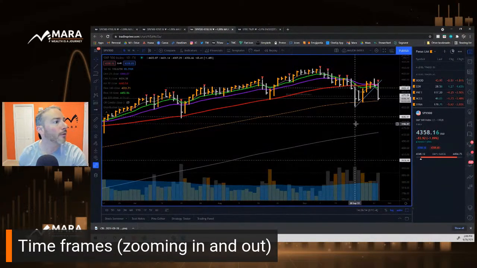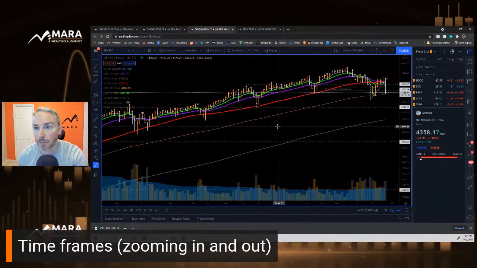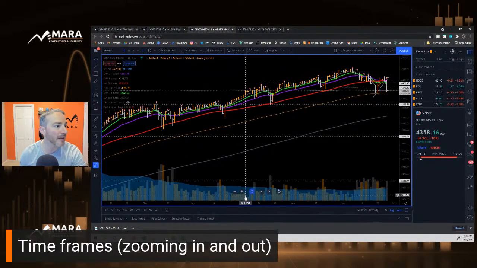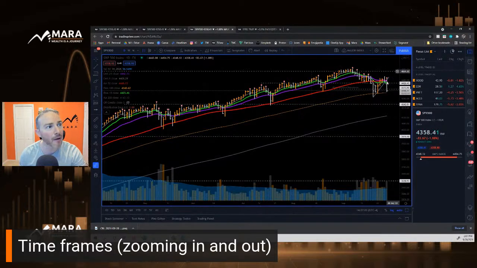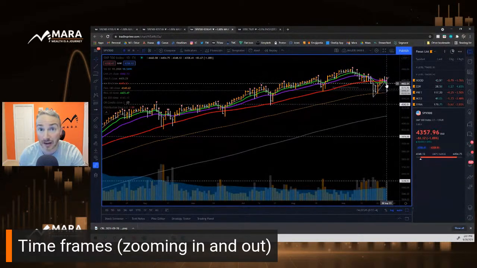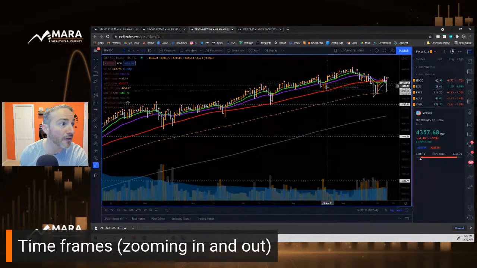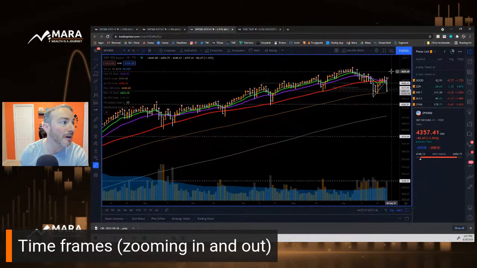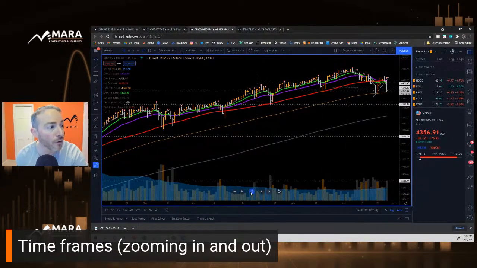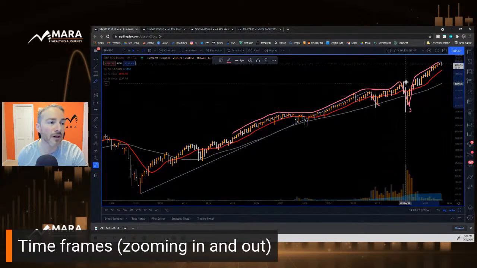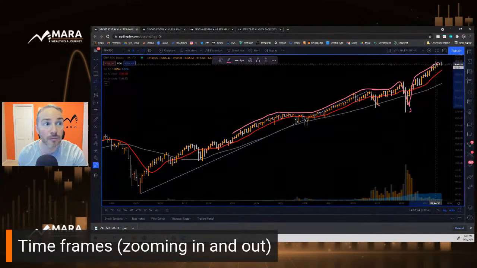So the purpose of zooming out and gaining that perspective is to see how bad this really is. Is price changing direction? Not just here on a daily time frame, because you'll have these dips on the daily time frame, but when you're zoomed out and looking at a monthly chart, it could be barely a blip.